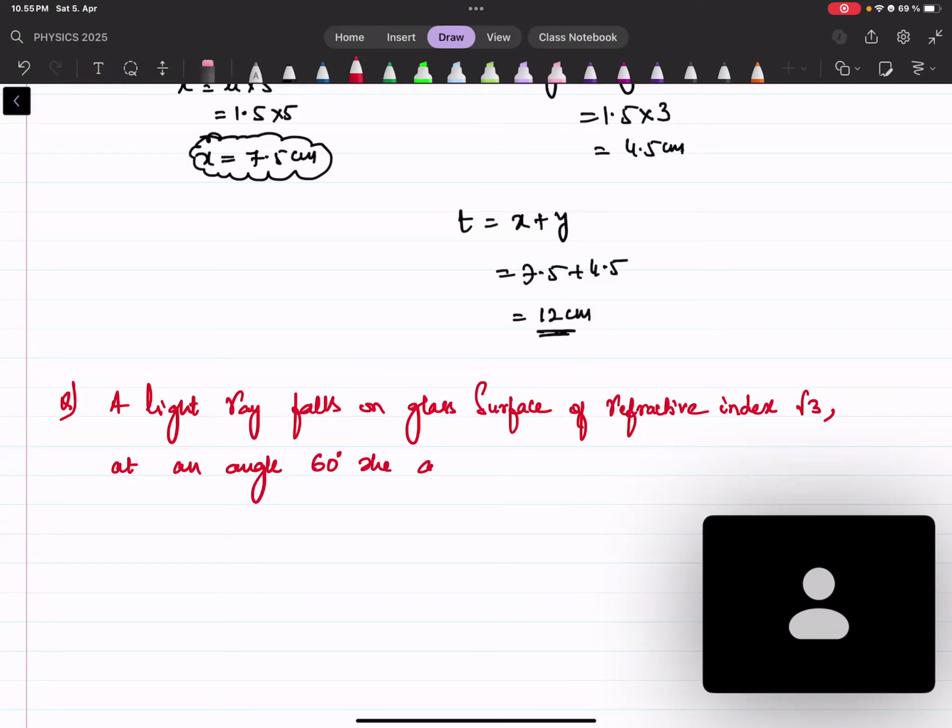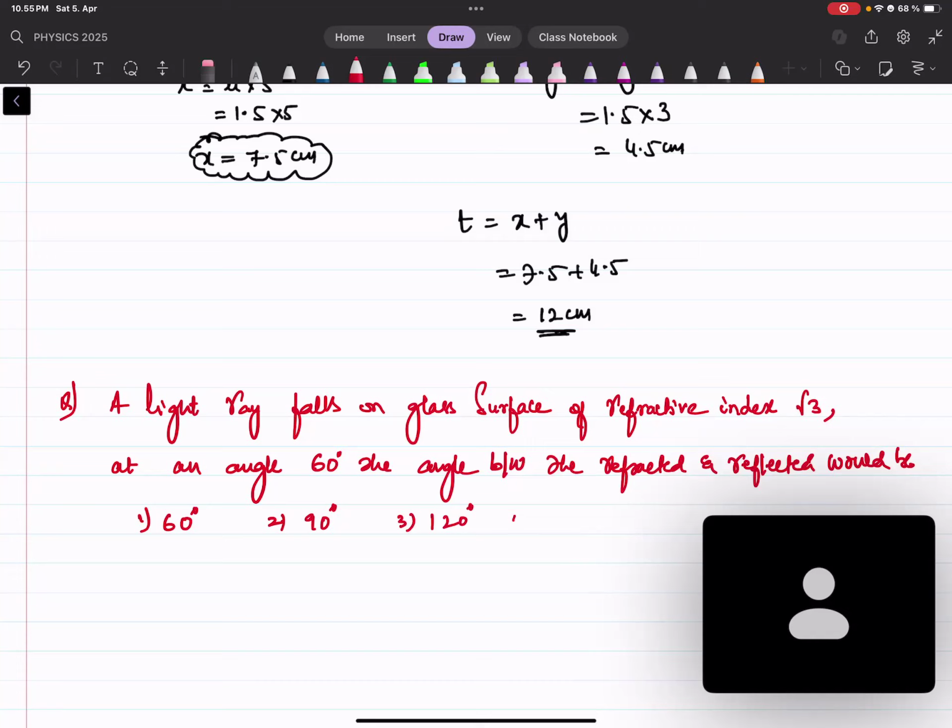The angle between the refracted and reflected ray would be how much? First option is 60 degrees. Second option is 90 degrees. Third option is 120 degrees. And fourth option is 30 degrees.